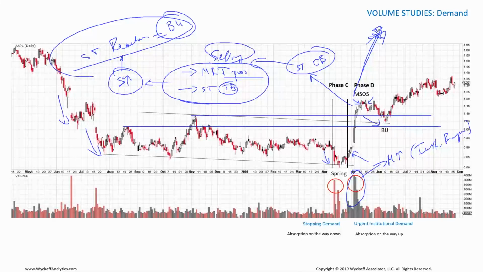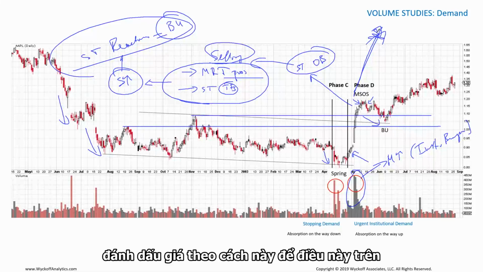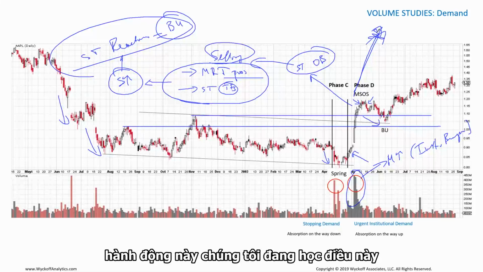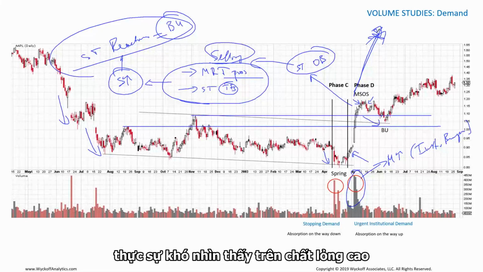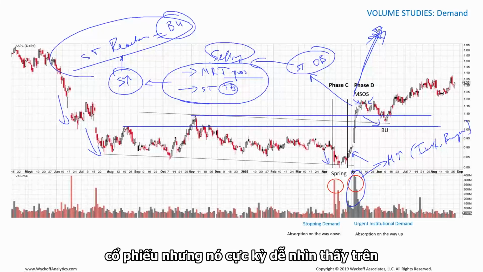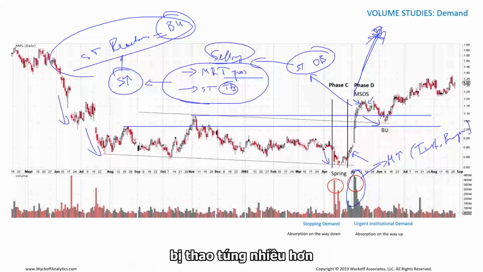They could take the stock, buy out the majority of the supply, and mark up the price this way. So this action, we are learning this in the modern world, and sometimes it's really hard to see on highly liquid stocks, but it's extremely easy to see on illiquid stocks. And therefore, illiquid stocks could be manipulated more.